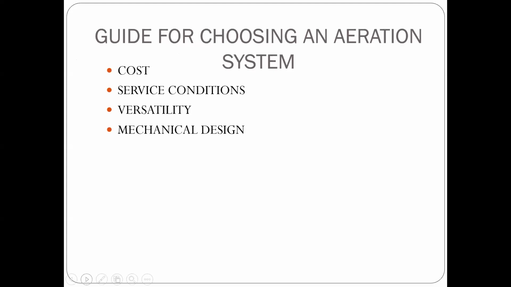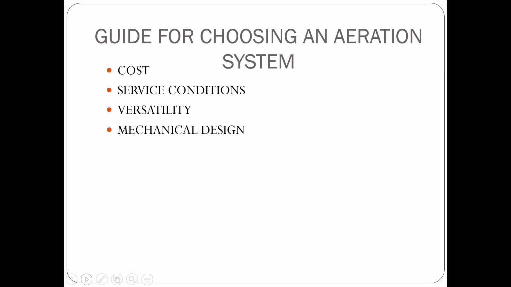Next, guide for choosing an aeration system. What do we have to focus on when we are choosing an aeration system? Obviously, we have to focus on cost, service condition, versatility, and mechanical design. That means if suppose we are designing a cascade aerator, we have to provide the steps. If suppose we have to go for the trickling beds, then we have to make arrangement of slabs, broken coke, sometimes broken brick material.